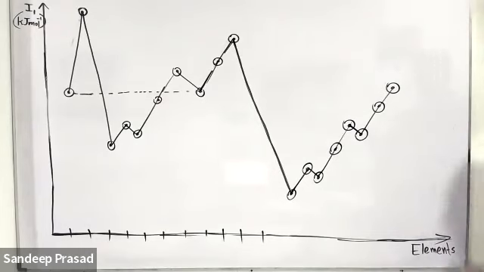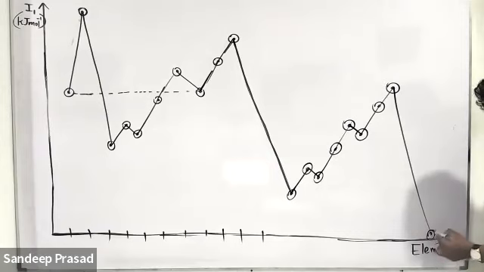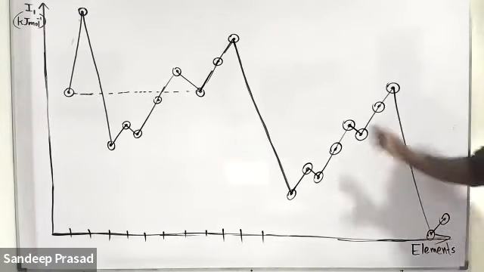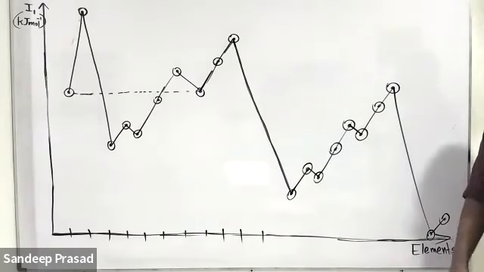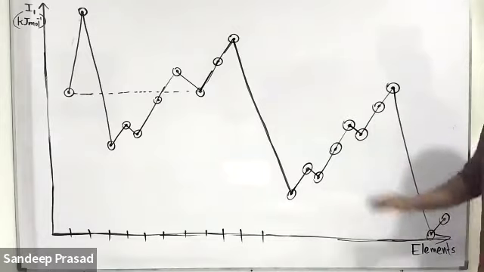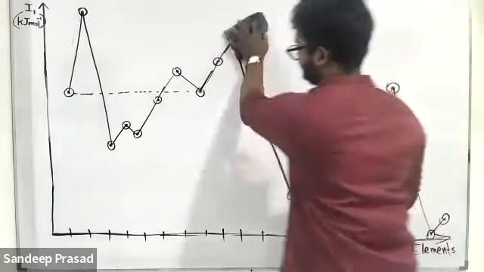If you want, you can go for the potassium and calcium as well. Here we have potassium and calcium. Can you understand? The same zigzag variation is repeating in the third period also, right?